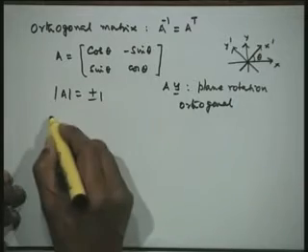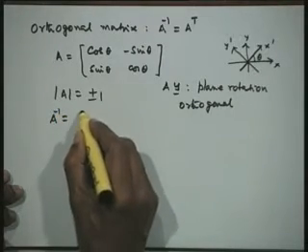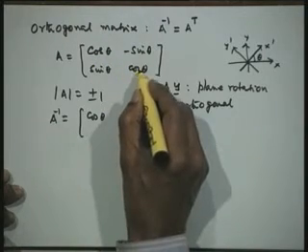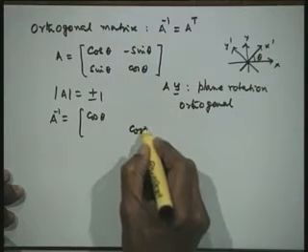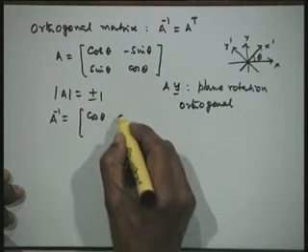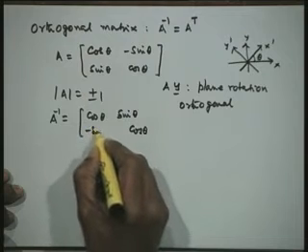We can show it, for example, its inverse: I can find its determinant is 1, so I divide by this. The cofactor of cos theta is cos theta, the cofactor of this is cos theta, the cofactor of this is minus sin theta, and then it is a transposition. So I will have here sin theta and minus sin theta.